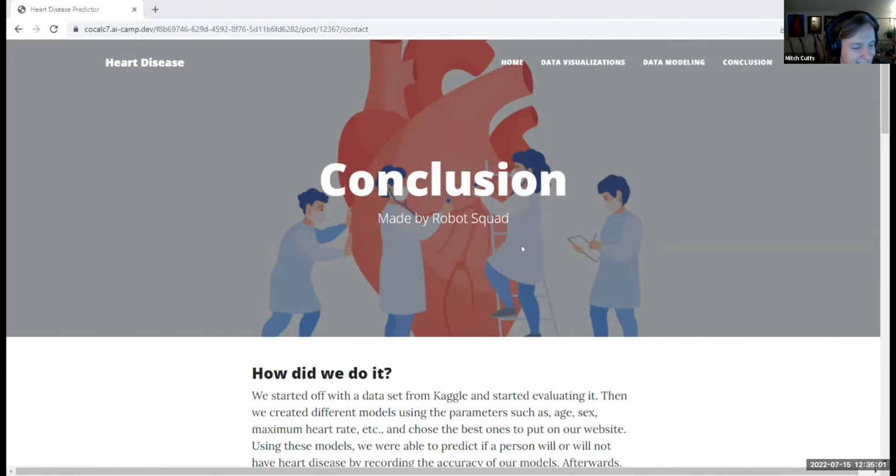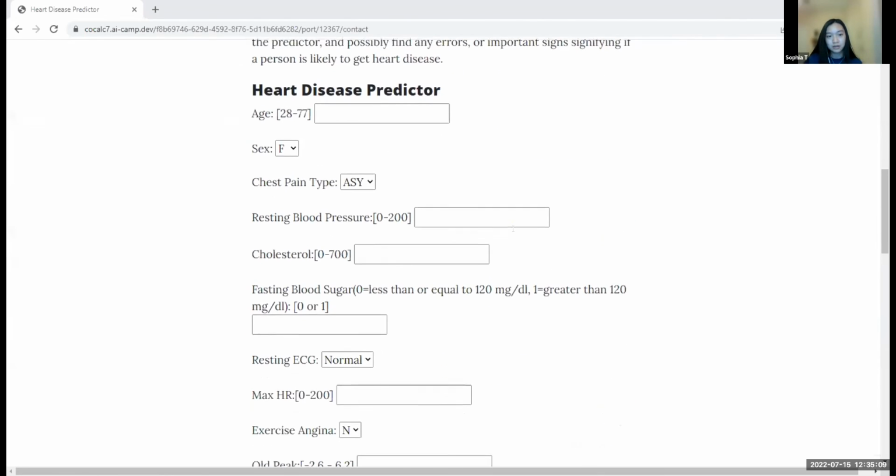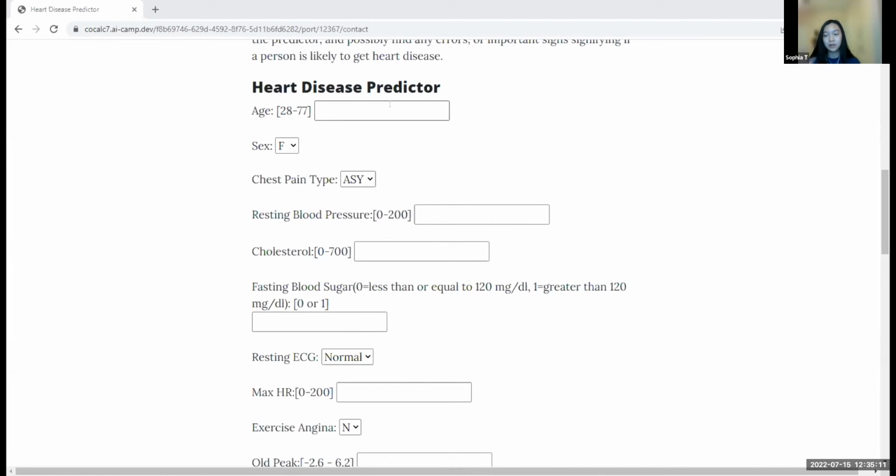Yeah. Okay. So this is the same website, but it's just a dynamic website that we made using Flask. And so down here is our predictor. We just fill it out, and for an example, I'm going to fill it out to show you guys.